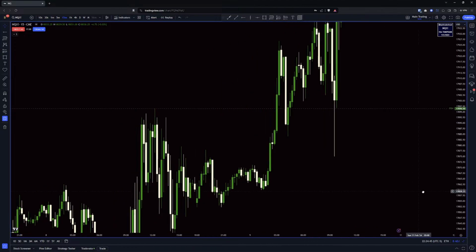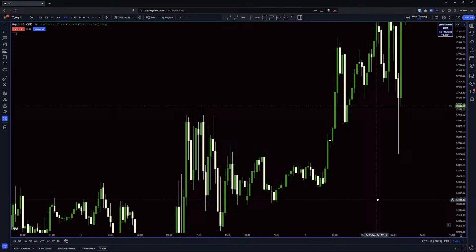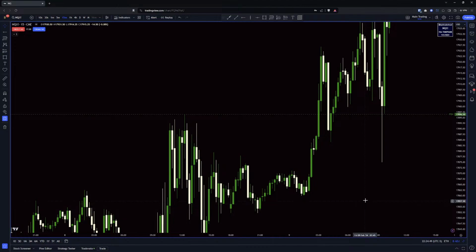One thing I want to see is if we can measure this from the 15-minute every time and with the bodies every time using closing price, if that could give us what we want to see, right?